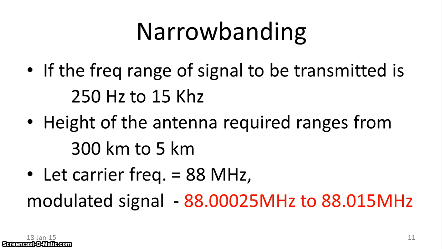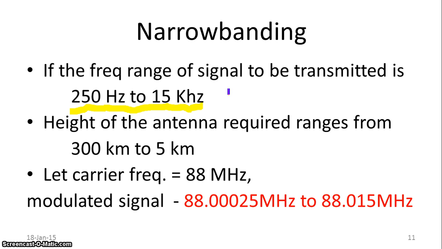So in narrowbanding, basically what we do is consider the first frequency range which we had, that means 250 Hz to 15 kHz. Here the ratio of the highest frequency to be transmitted to the lowest frequency to be transmitted was 15 kHz to 250 Hz.